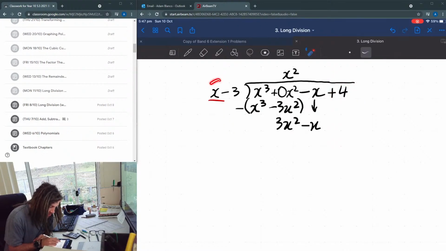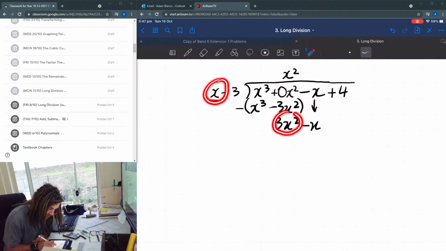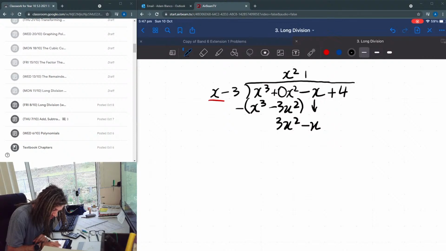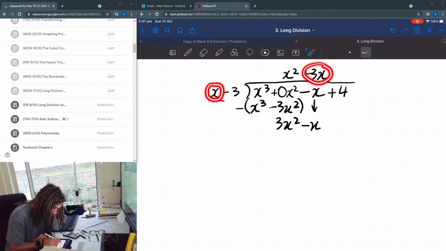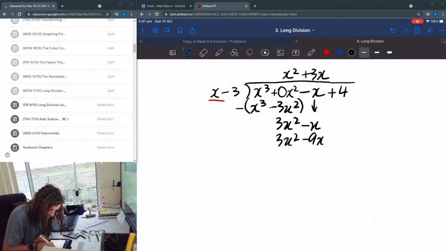division. How many times is x going to 3x squared? Well, 3x, so plus 3x. I write it above my x term, and now I say to myself, all right, 3x times x is what? That's 3x squared, and then 3x times minus 3 is going to be minus 9x.